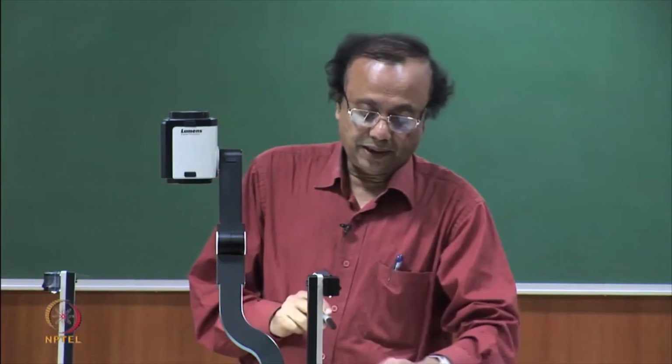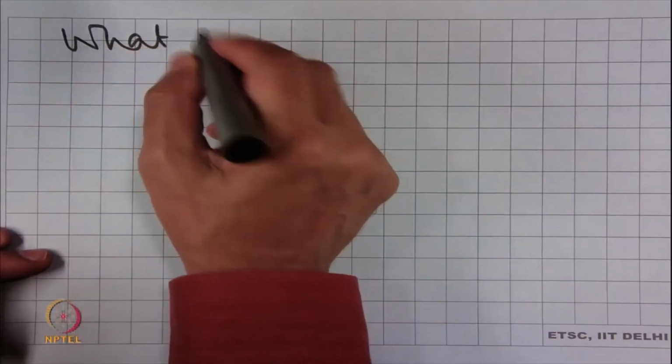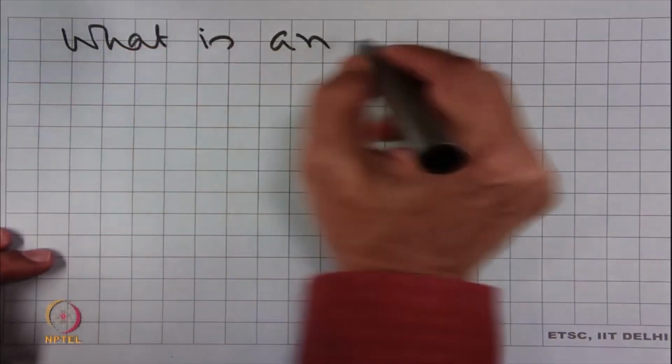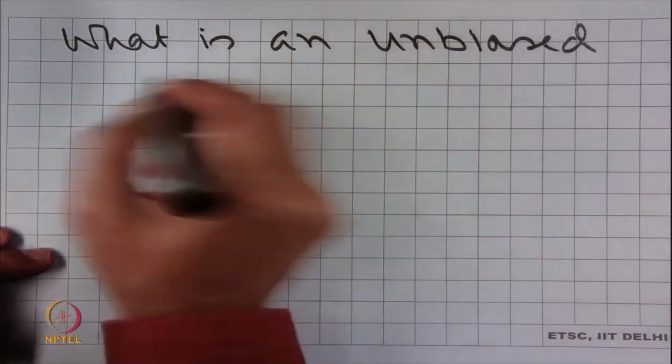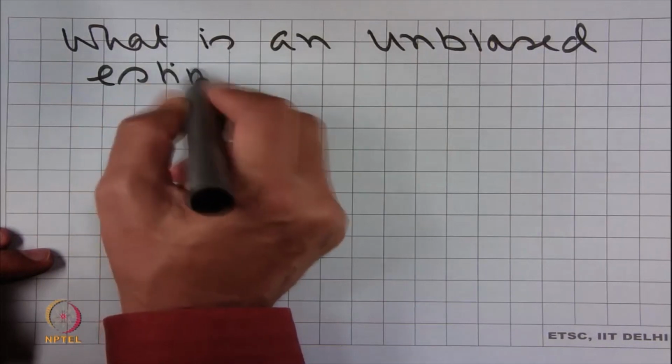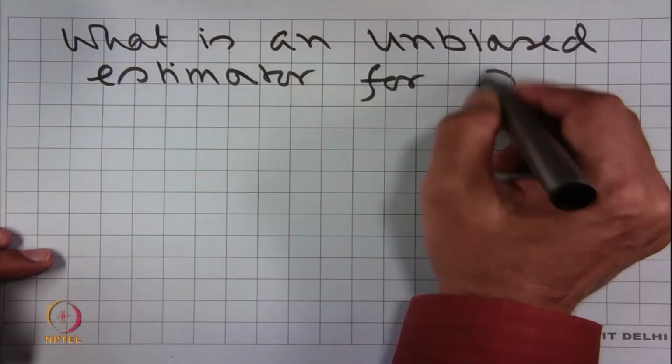Obviously, the next question is, what is an unbiased estimator for sigma square?